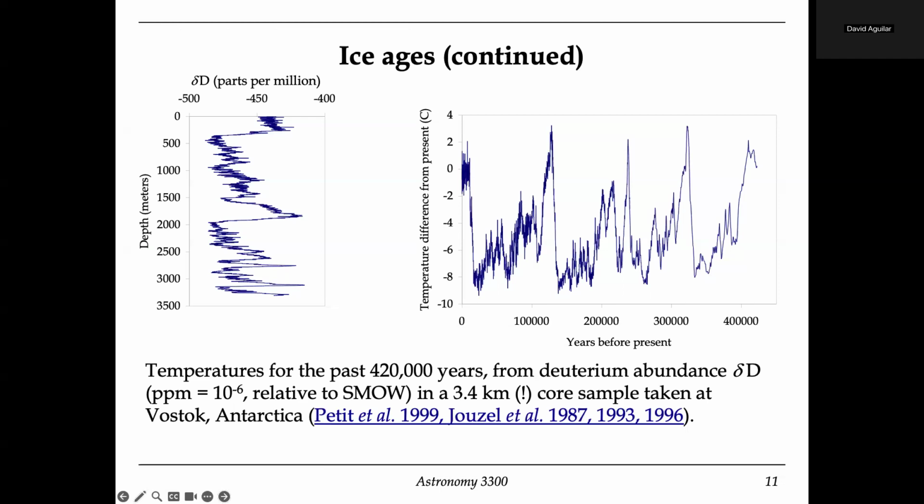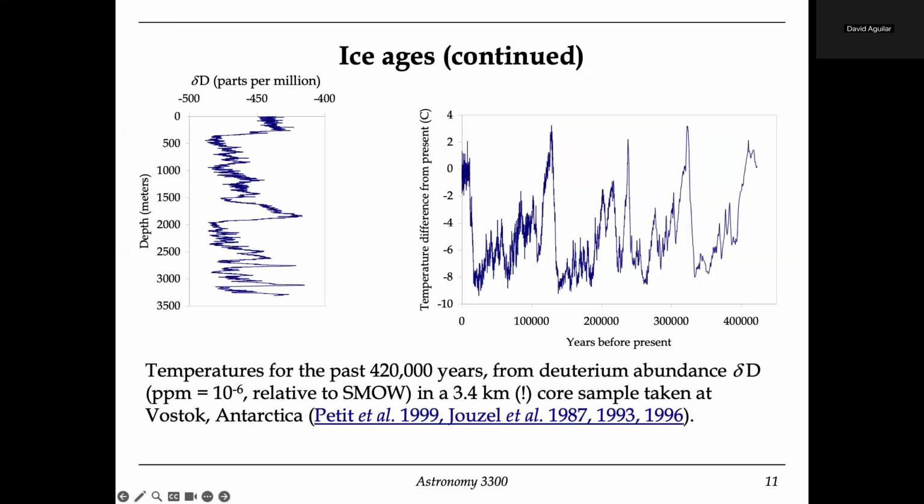Lower ocean temperature means higher D to H in the oceans, and lower D to H in the ice caps. You need to precipitate that stuff and send it to Antarctica to make ice. So we're going to interpret this delta D and turn it into temperature.